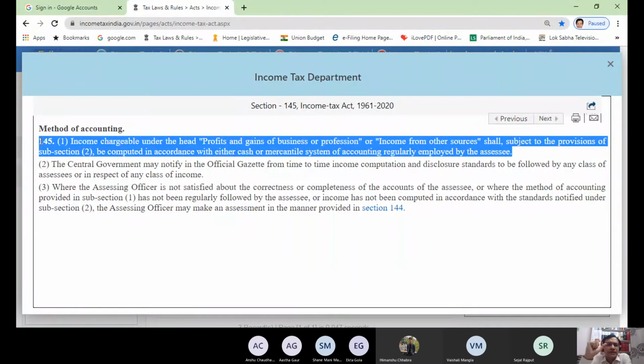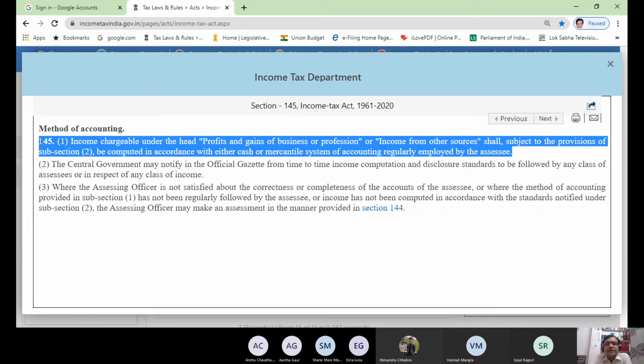Only in these two heads, as per section 145, the Act has given me the power to decide whether I want to compute my income on accrual basis, where I will record the income when it is accrued and the expenses when they are due, or cash basis, where I will record the income when it is actually received and the expenses when they are actually paid.